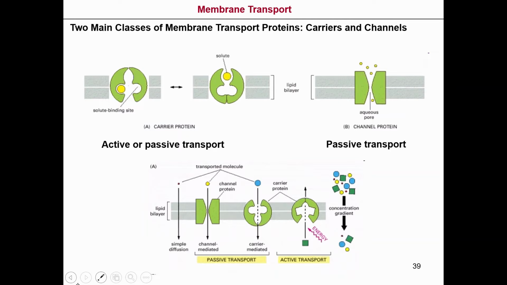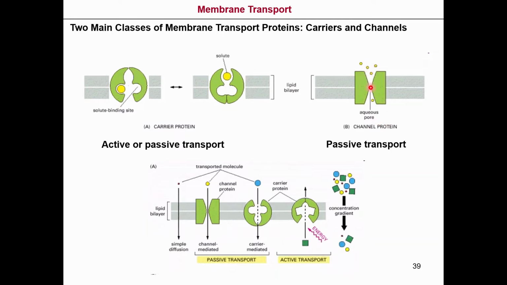So you have channel and carrier. The channel interacts with the solute, the molecule you want to transport, with little interaction. They form aqueous pores that extend across the lipid bilayer.